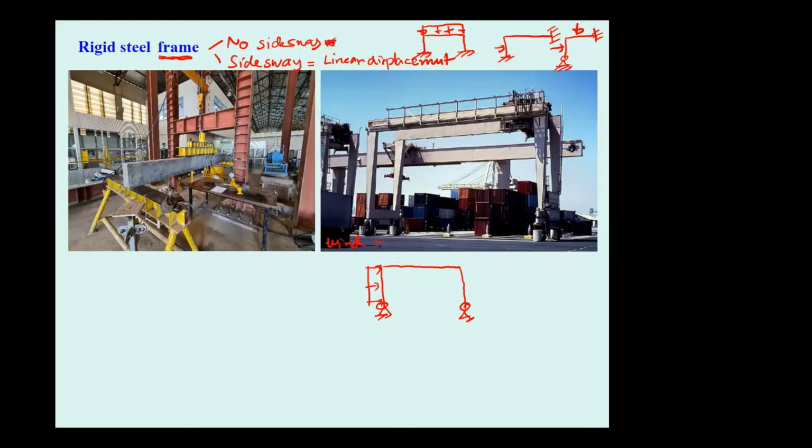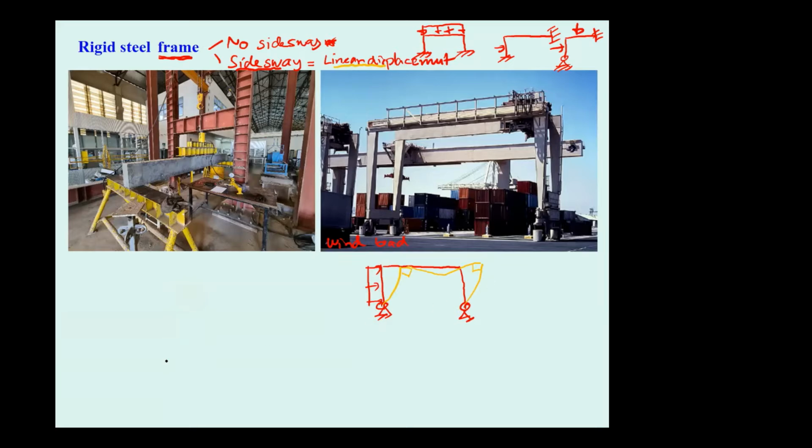We may call it the wind load. That's from the lateral. This kind of frame has side sway because the wind will blow the frame, and the frame will have this kind of linear displacement, and then the frame will deform in the shape according to the support and joints it uses.